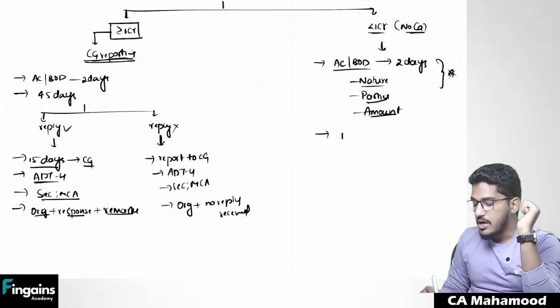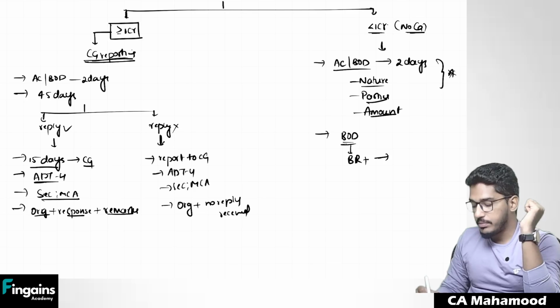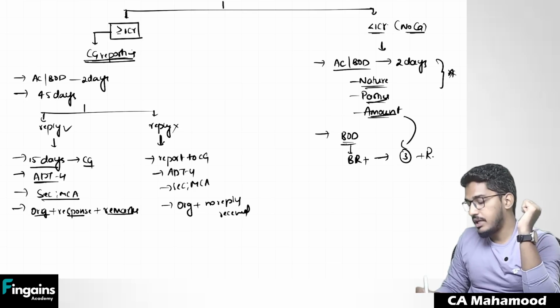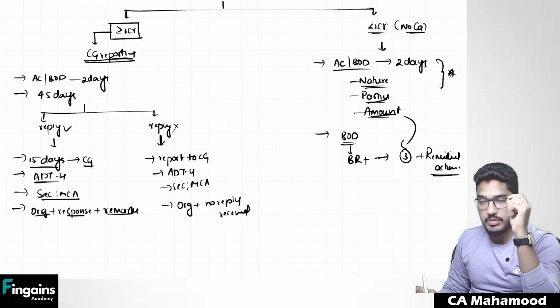But after that, the board of directors will have a responsibility. They will give something called the board's report. In that board's report, they have to report these 3 things: nature, parties involved, amount involved. Along with that, what remedial actions are taken. So the auditor reported the fraud. As a board of directors, what rectification actions you have taken, those remedial actions are also required to be reported where?